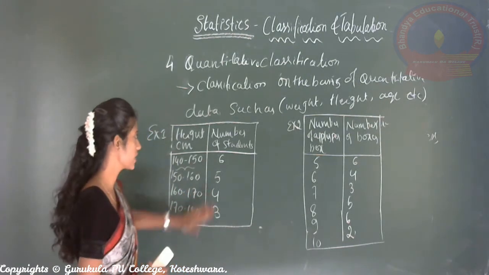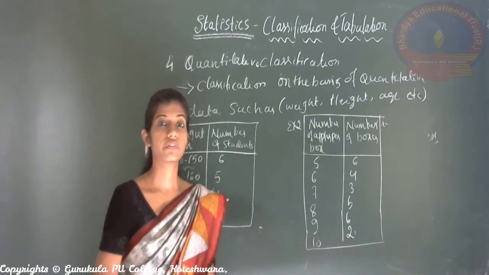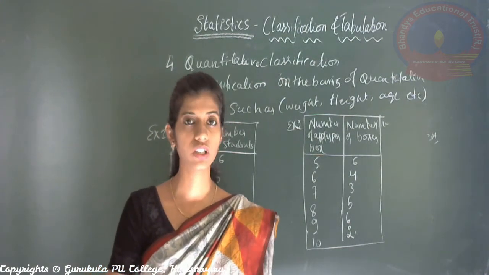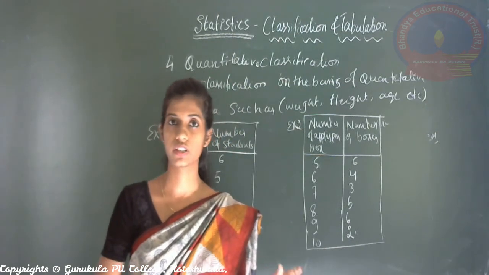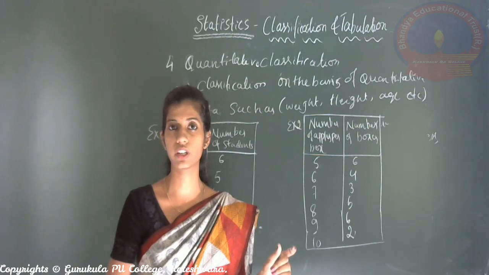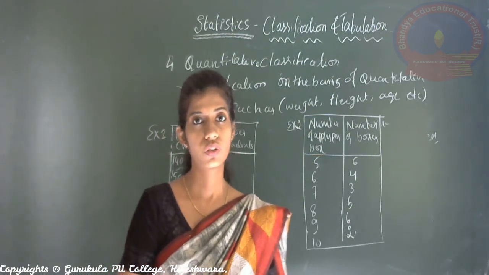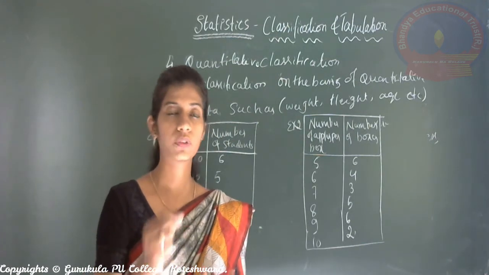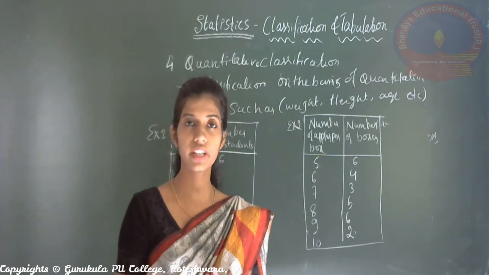So this representation is known as a frequency distribution. You might have heard this word, frequency distribution. This concept is familiar to you. You have already studied in the lower classes frequency distribution, putting tally marks, and writing the frequency in the next column.